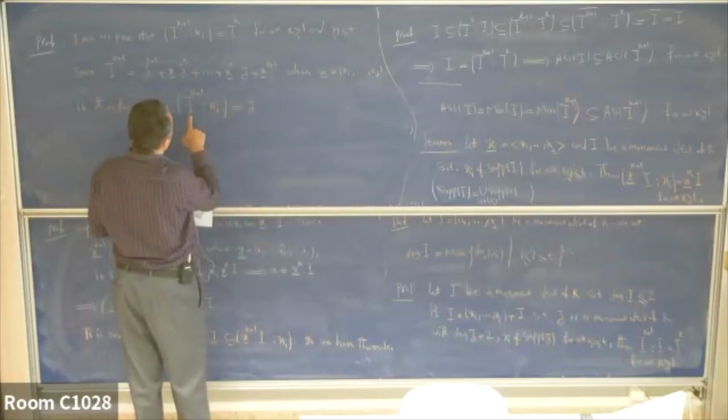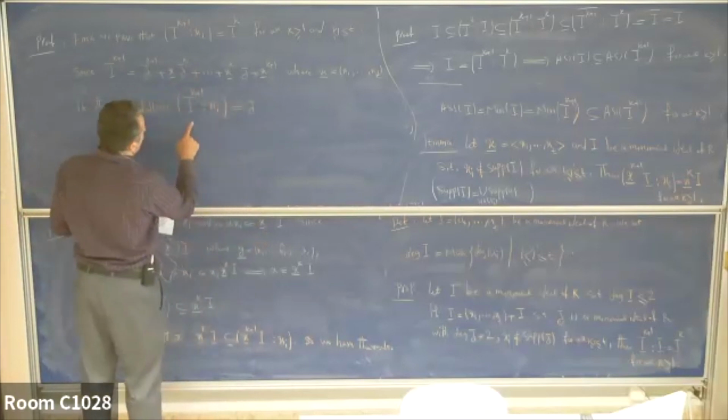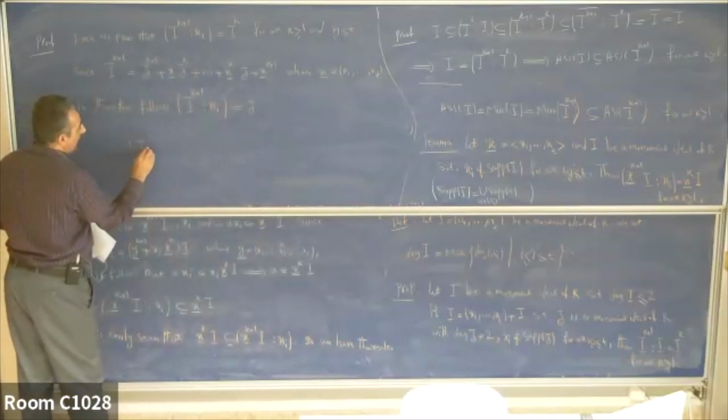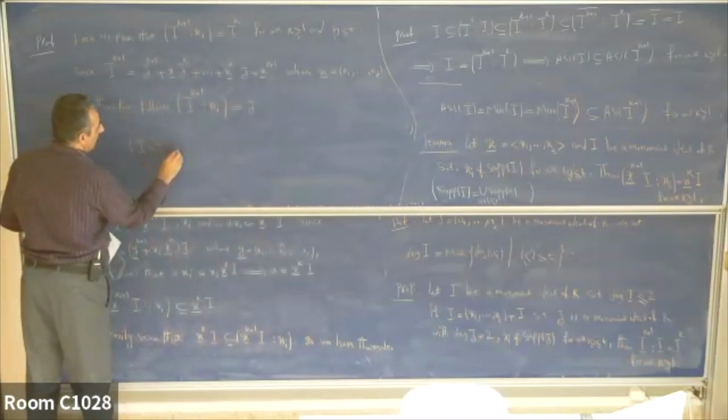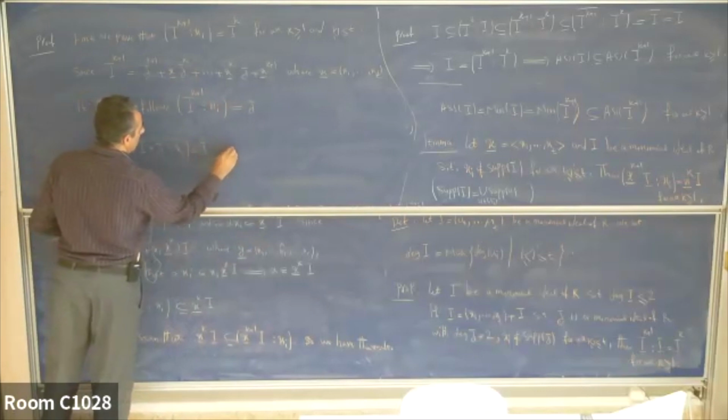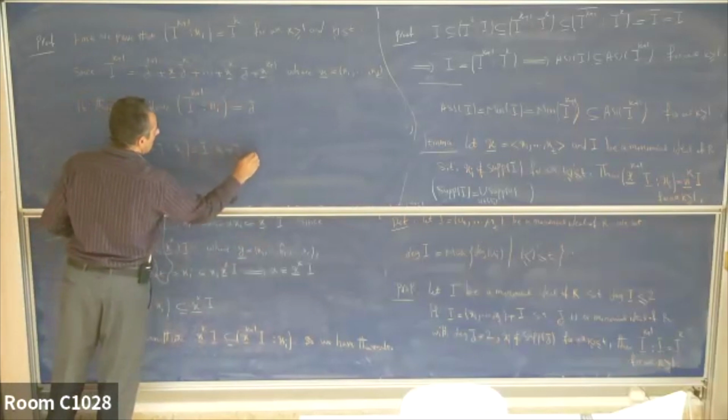And if you remember, (I + J) : xi equals I : xi plus J : xi.